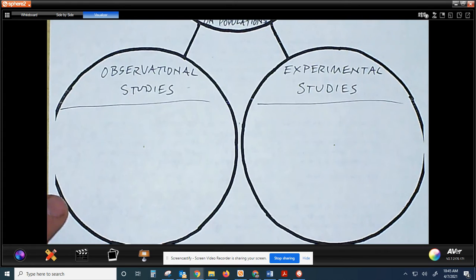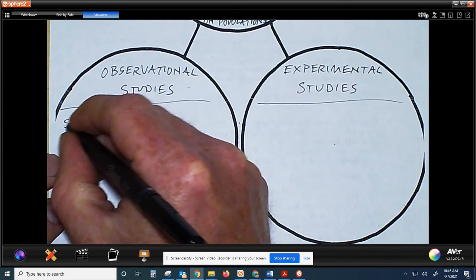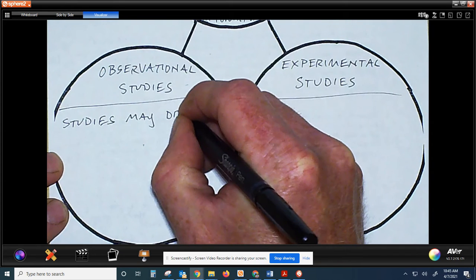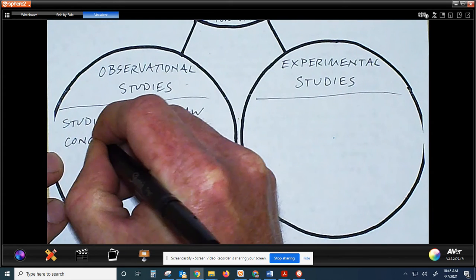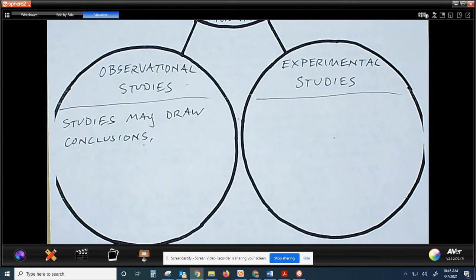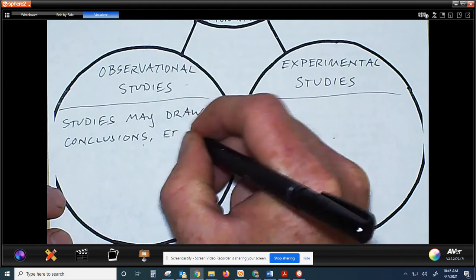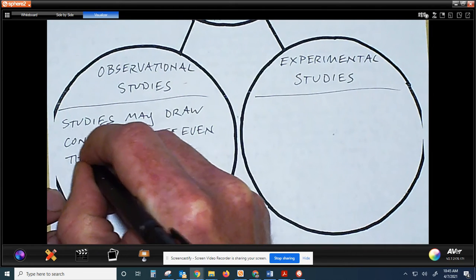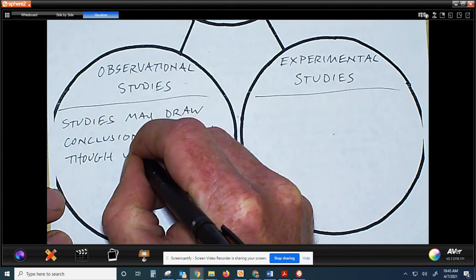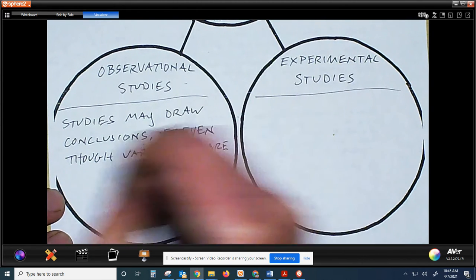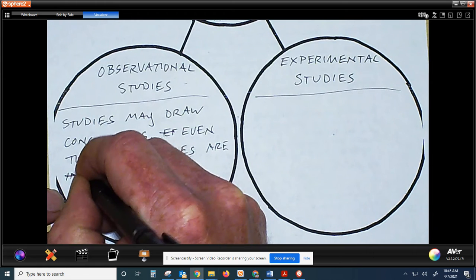Let's start with observational. Studies may draw conclusions even though variables are not controlled.